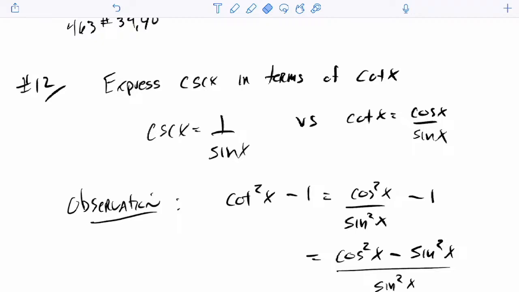Actually, you know what? Here, just to show you, Jack, let's make this a plus. This ends up turning into 1 over sine squared of x, which is cosecant squared of x. So the relationship here is cotangent squared of x plus 1 is cosecant squared of x.